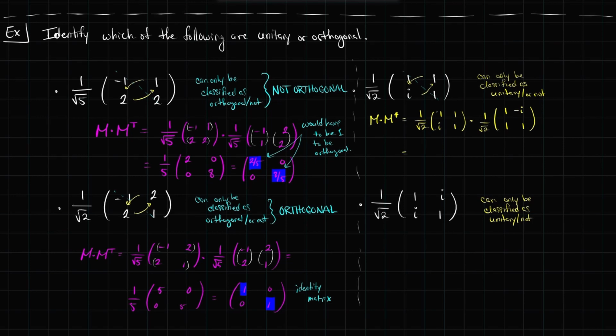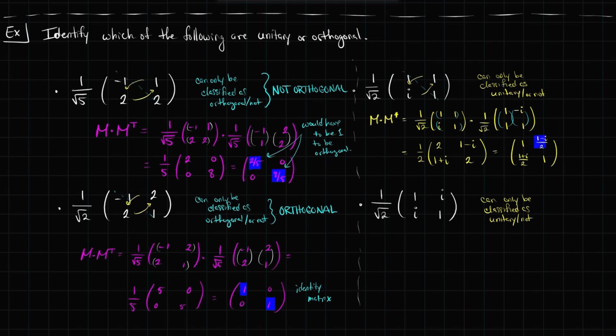Now I'm going to multiply all rows against all columns. And that's going to leave me with 1/2. Top row against the left column is a 2. Top row against the right column will give me 1 minus i. The bottom row against the left column will give me 1 plus i. And the bottom row against the far right column will give me negative i squared, also known as positive 1, plus 1, will give me a 2, and I'm left with a 1 and a 1, just like I would want, but I have 1 minus i over 2 and 1 plus i over 2.